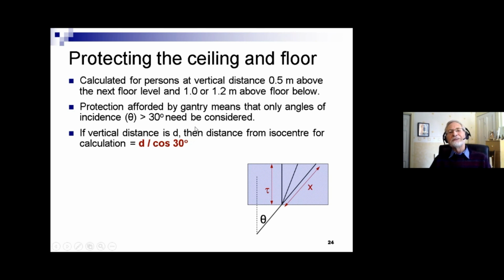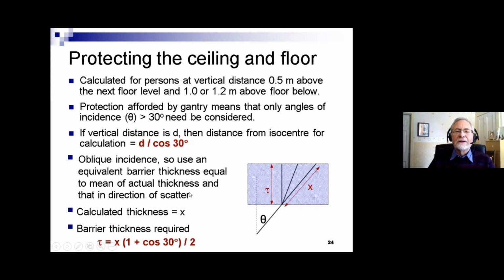So if the vertical distance is d, then the distance from the isocenter for calculation is d over cos theta. So for oblique incidence, we use an equivalent barrier thickness equal to the mean of the actual thickness and that in the direction of scatter, because that's the direct transmission, but you can get scatter at other sorts of angles.